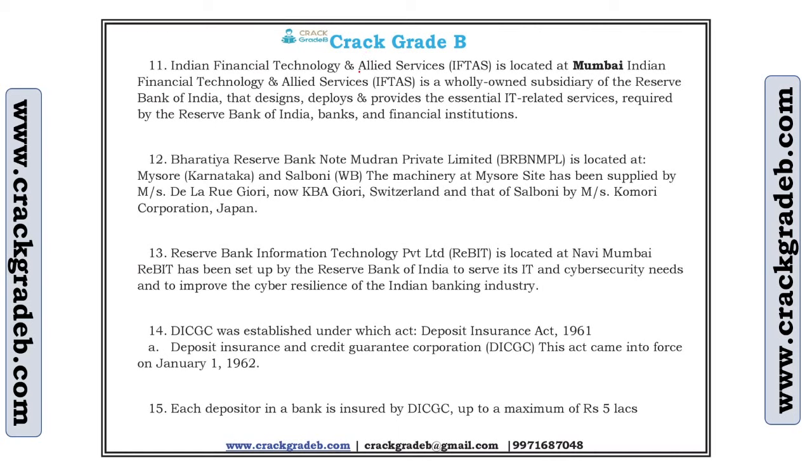Now, Indian Financial Technology and Allied Services is located where? Mumbai. This is a wholly owned subsidiary of the Reserve Bank of India that designs, deploys and provides the essential IT related services required by the RBI, banks and financial institutions. So you can say that this is the technology arm of the RBI, because it is a wholly owned subsidiary of the Reserve Bank of India.